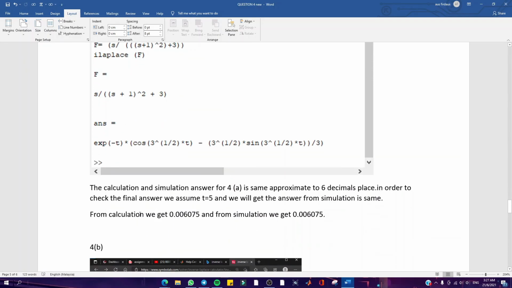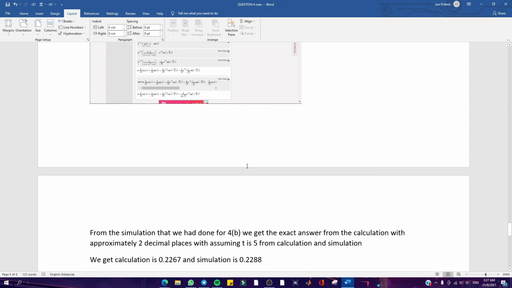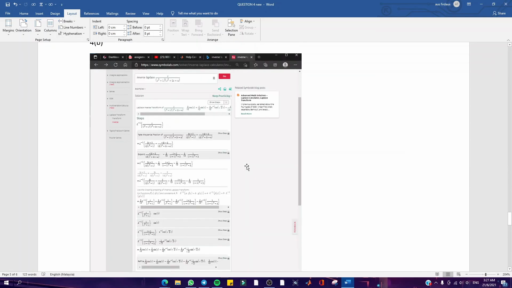From the calculation, after we assume t equal to 5, we will get 0.006075, and from simulation also we get 0.006075.